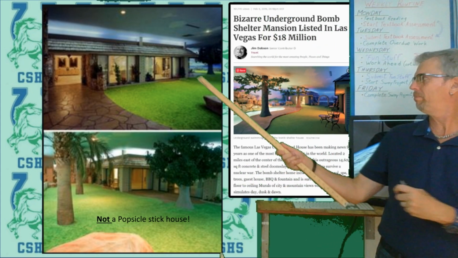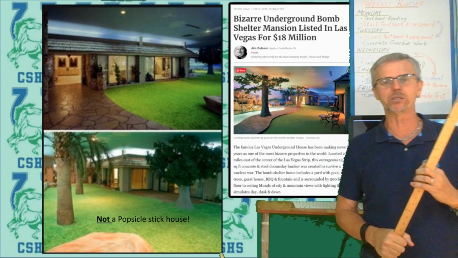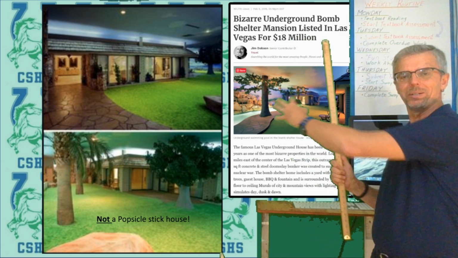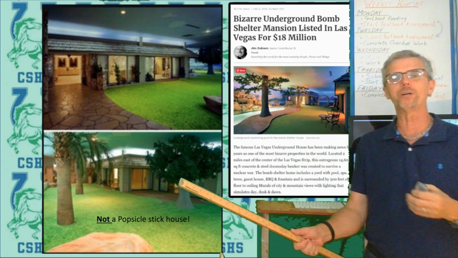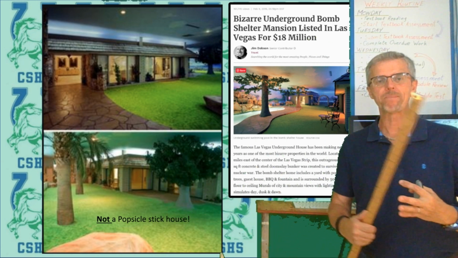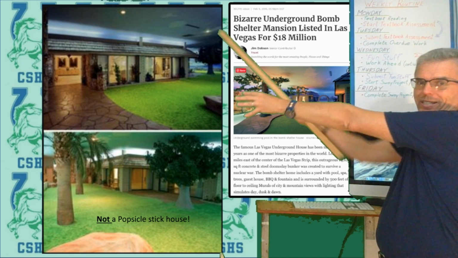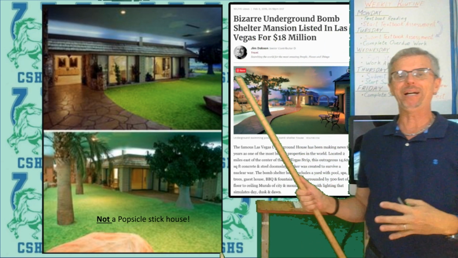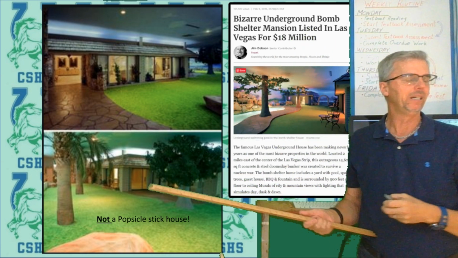For a paltry $18 million, you can buy a bomb shelter house in Las Vegas. So not only are you going to be 2 miles from the strip, but you're going to be safe when the nuclear bomb is dropped on Caesar's Palace. This house, on the street level, looks like a little teeny tiny, quaint house. But once you get inside the house, you drop down into this bomb shelter in an elevator.